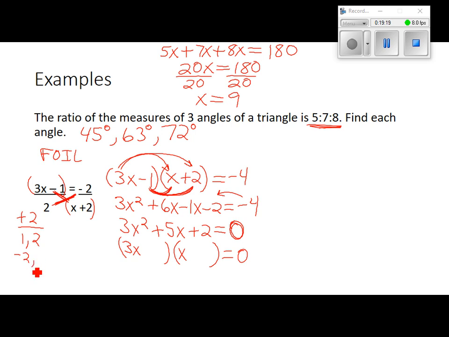Here we have all positives, so we probably want which one? The positives. Now the bad thing is it could go plus 1, plus 2, or plus 2, plus 1. Which way do you want to try it? This is why none of you probably like factoring, because you have to guess and check. If it doesn't work, you have to go back and guess something different.